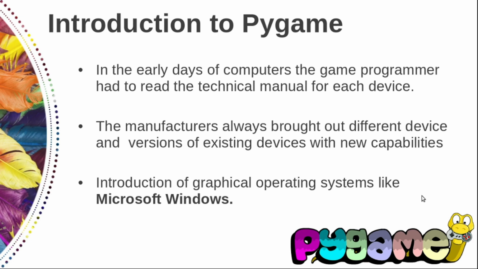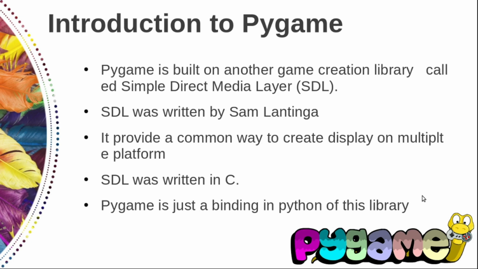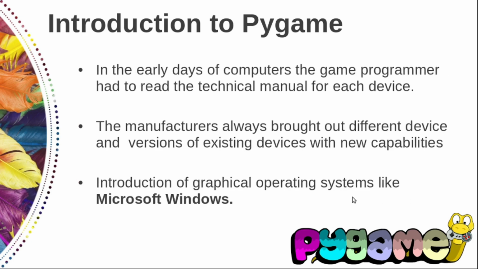But the life of a game programmer is still not an easy one. Even though there is a common way of communicating with graphics, audio, and input, it can still be tricky to write games because of the variety of hardware in the market, right?